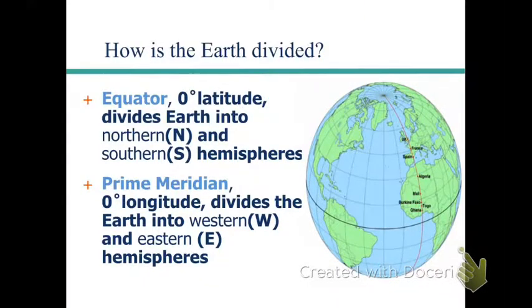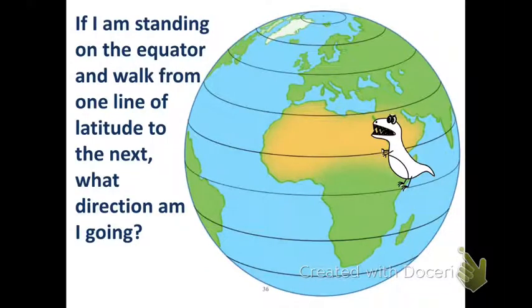Now I want you to imagine that you are this little dinosaur that's standing on the equator. If you're standing on the equator and you want to walk from one line of latitude to the next, then what direction do you go? Well, hopefully this is kind of clear to see, but if I'm the little T-Rex and I want to walk from this line of latitude to the next, I'm going to go up and I'm going to go down.